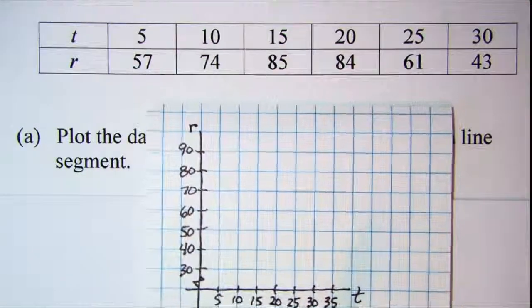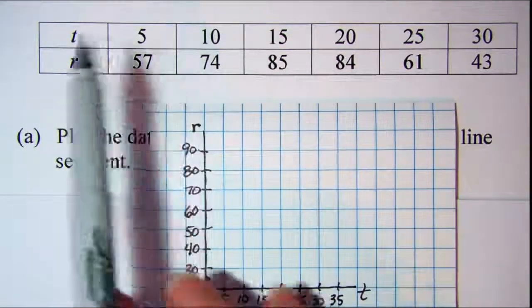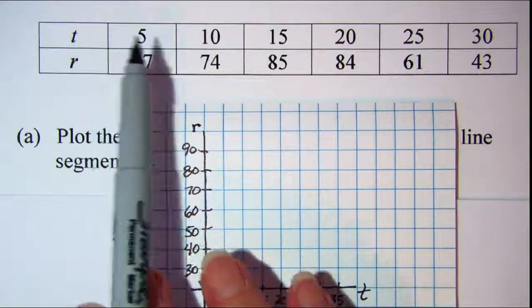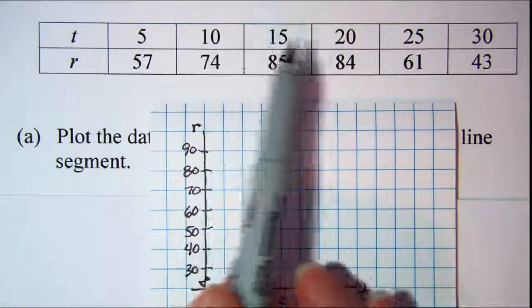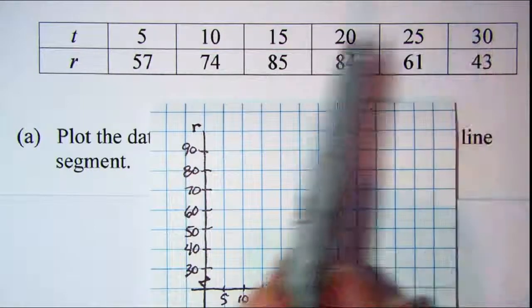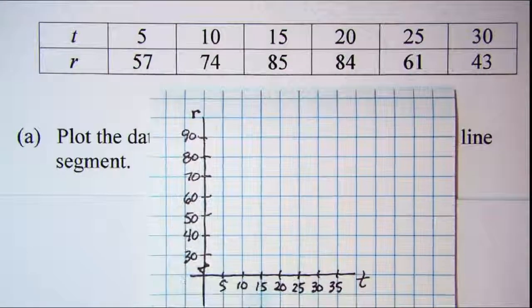Whenever you're asked to plot data, if you're given time as one of the variables, that will be the horizontal axis. So I've gone ahead and labeled my horizontal axis t and then marked off increments of multiples of 5.